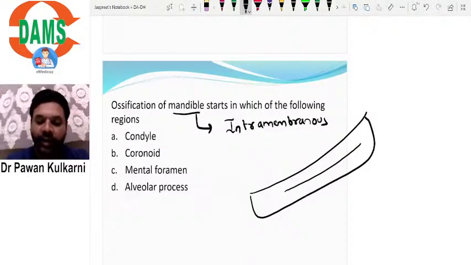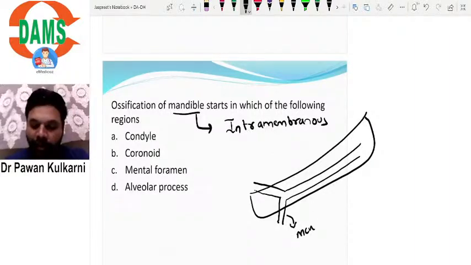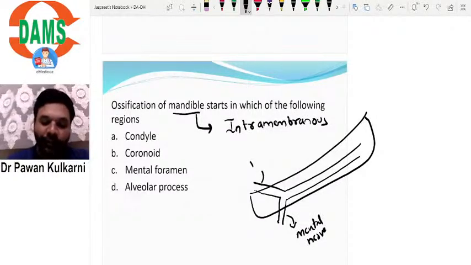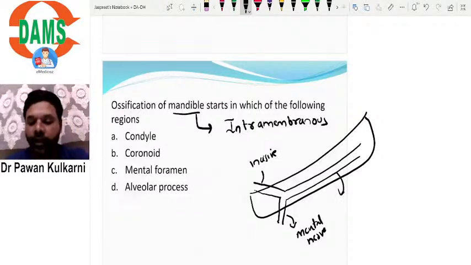We have a nerve here. That nerve divides into the mental nerve and incisive nerve. This is basically the inferior alveolar nerve, and this is Meckel's cartilage.